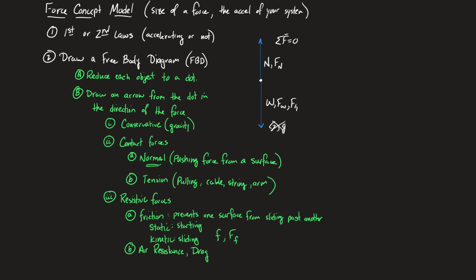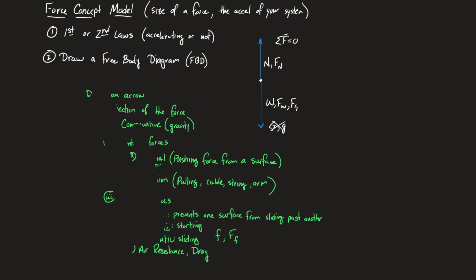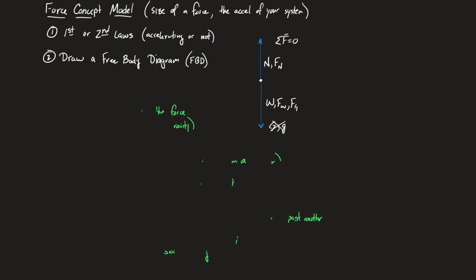All right, I'm erasing all the stuff that's in green. You guys got it down? Because drawing a free body diagram is its own set of steps on its own. So, step 3.